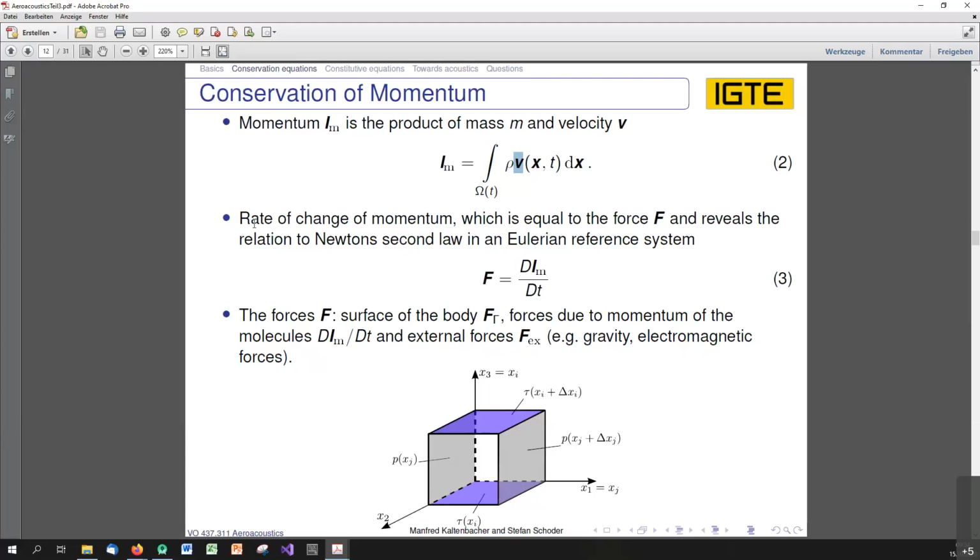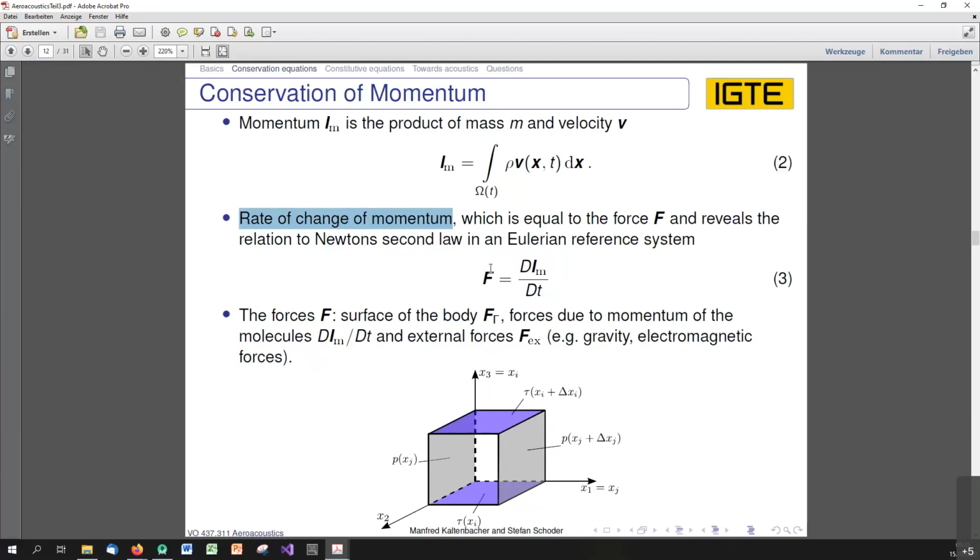And here Newton related the rate of change of the momentum, so the total derivative of this, as you learned in physics, the sum of the forces equals the mass times the acceleration.